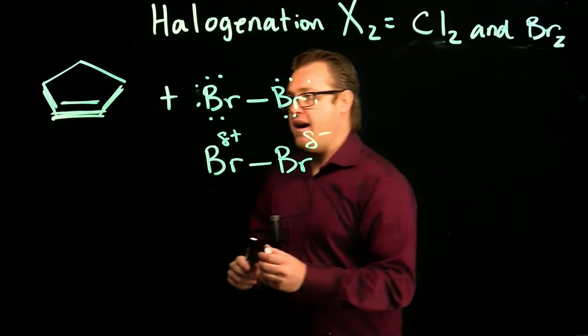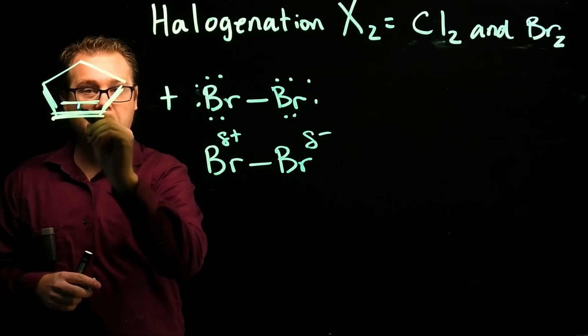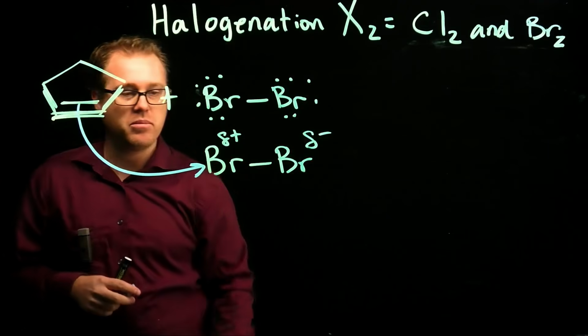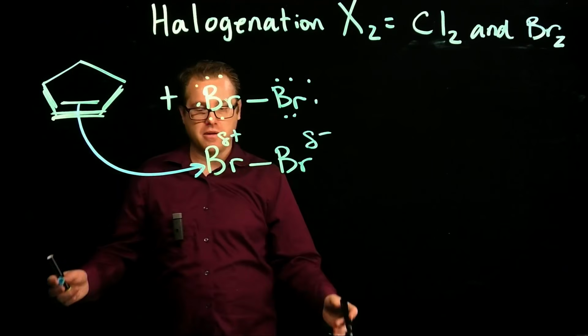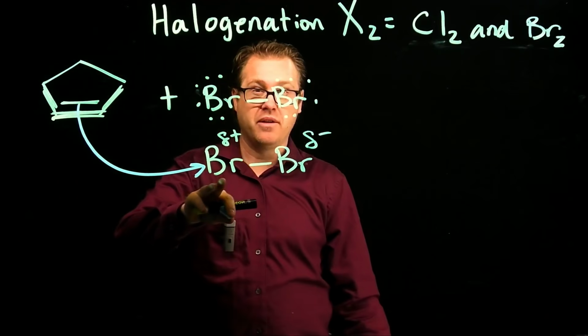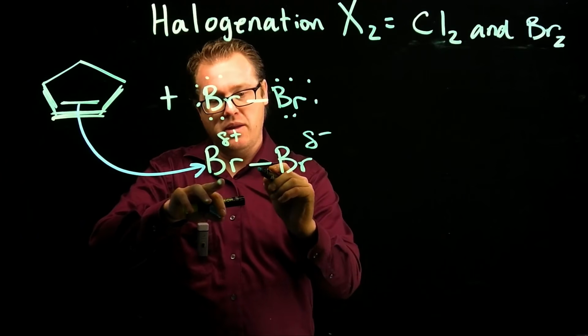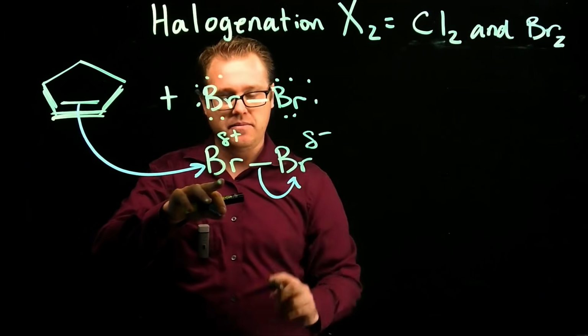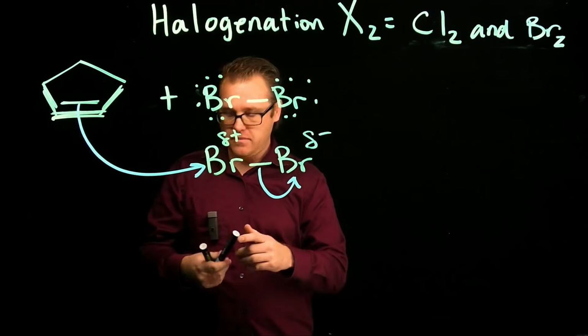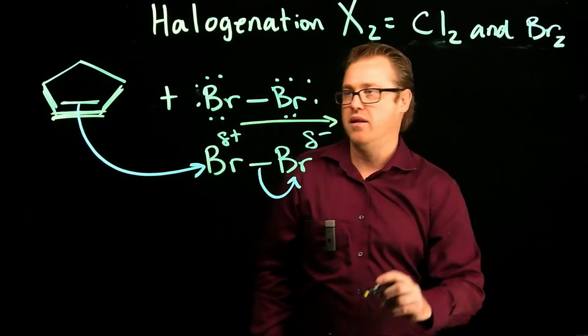And so we can have the alkene right here come in and attack that bromine. But we've learned from general chemistry that halogens can only form one bond. And so we would think that this goes like this. Okay? So what would that give us after this first step right here?